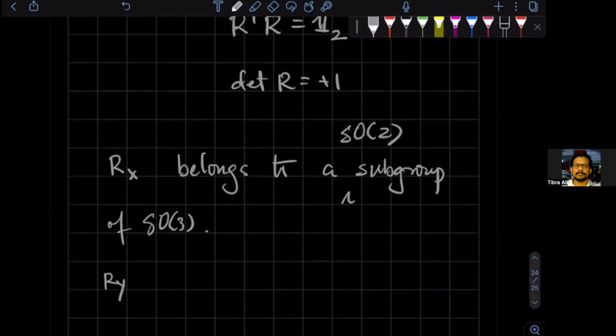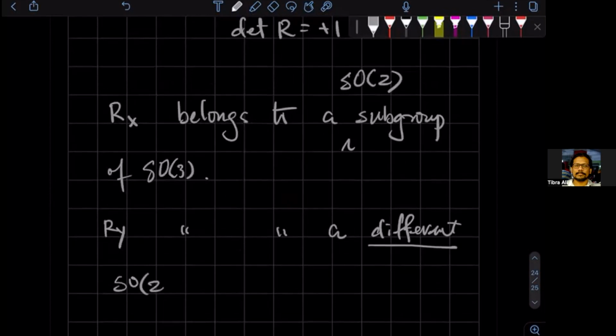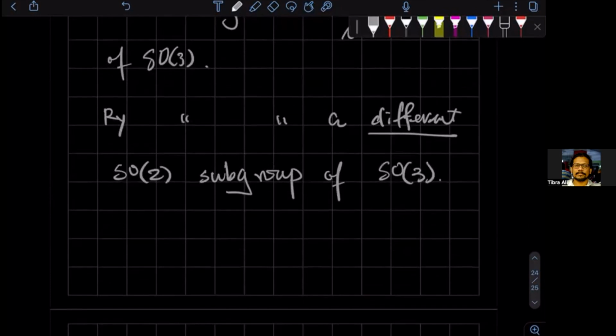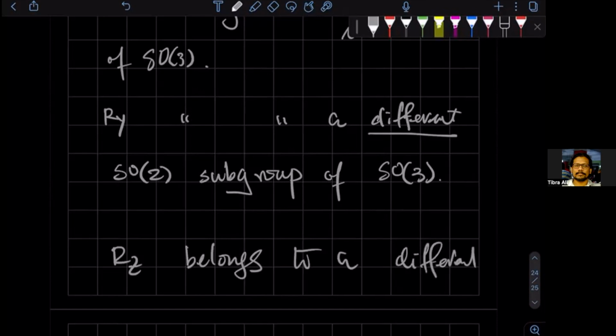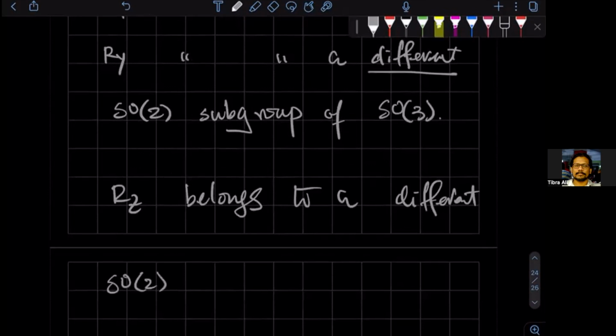Okay, and Ry belongs to a different SO2 subgroup of SO3, okay? And similarly, Rz also belongs to a different SO2 subgroup of SO3, okay? So at least intuitively, this should be clear.